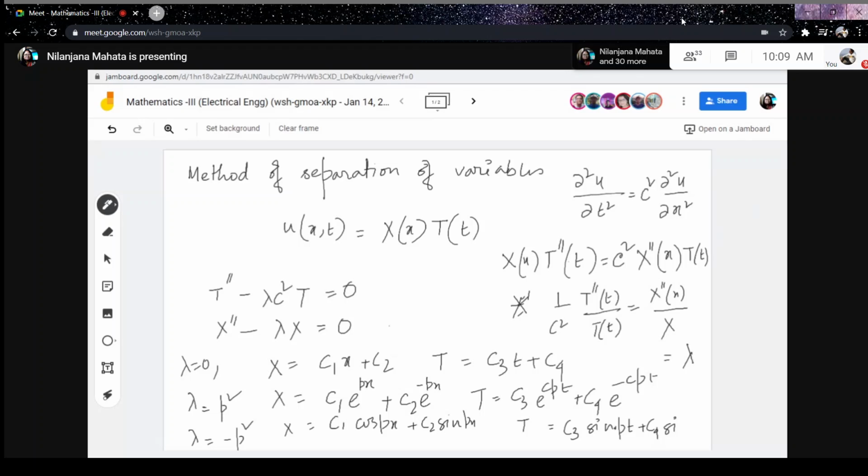For negative lambda, we get sin cpt and cos cpt. Depending on the boundary conditions, we will get the solution. So we will solve this type of partial differential equations with the help of this method, and we will have our boundary conditions and initial conditions so that we can find out C1, C2, C3, C4, or whichever is applicable.